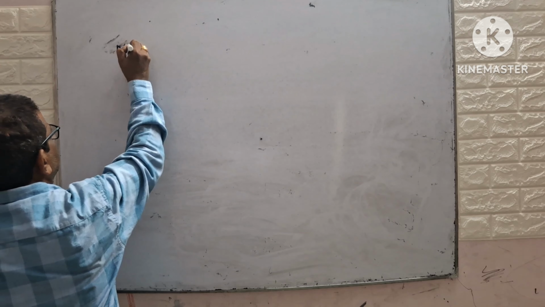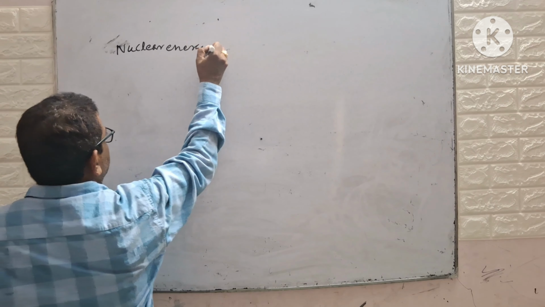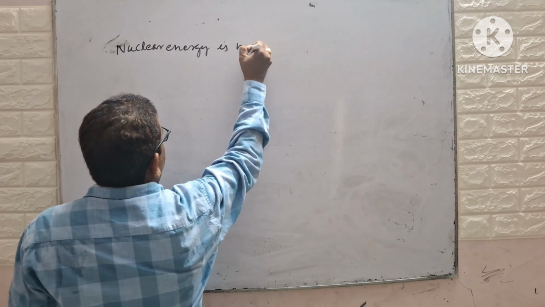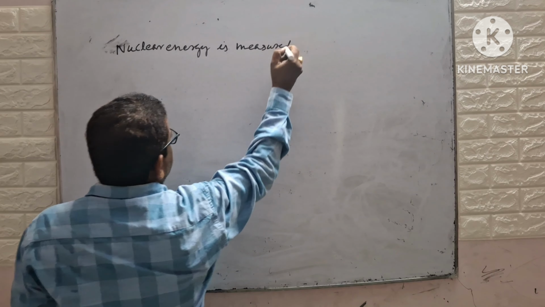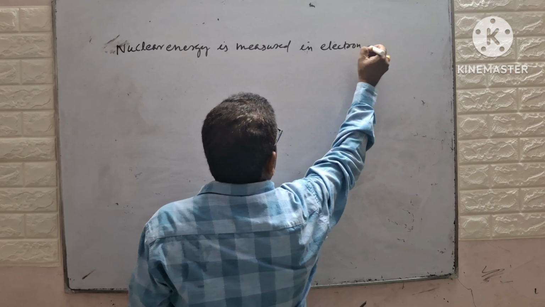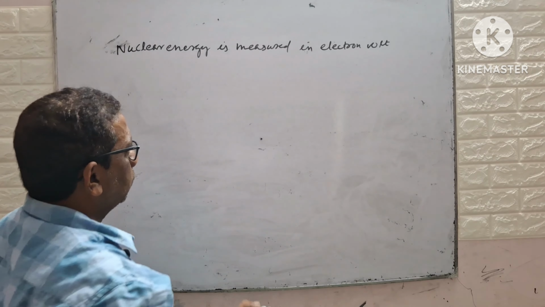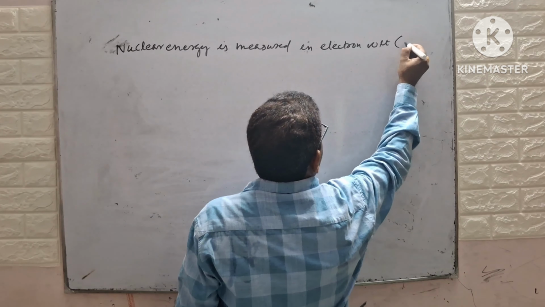Nuclear energy is measured in electron volt, or we can say eV.